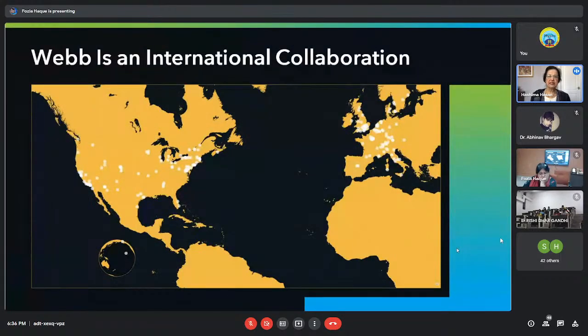So Webb is an international collaboration. I already mentioned that we have a partnership with the European Space Agency and the Canadian Space Agency. This map shows the 29 states in the United States, as well as the 14 countries which have a partnership in it.